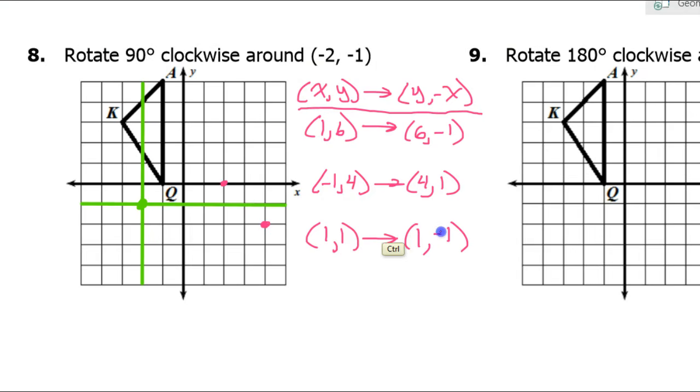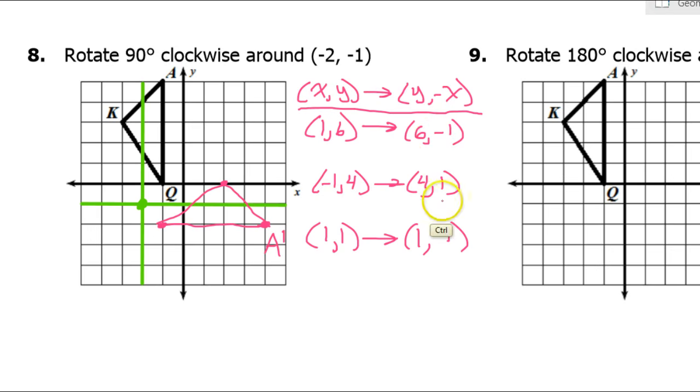And 1, negative 1 would be here. All right. Just connect the dots and do your labels. So the first one was A, so this was A prime.